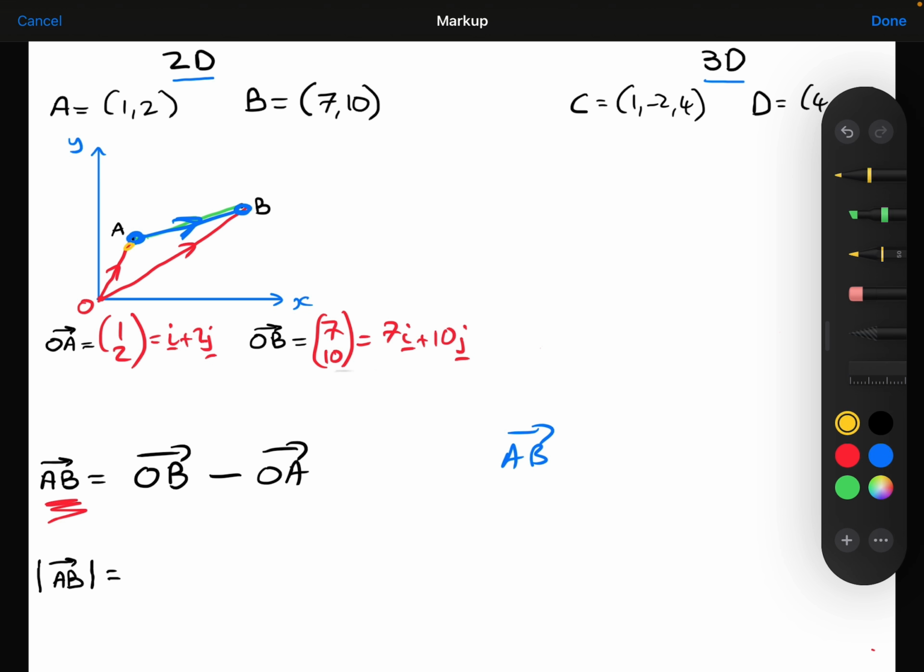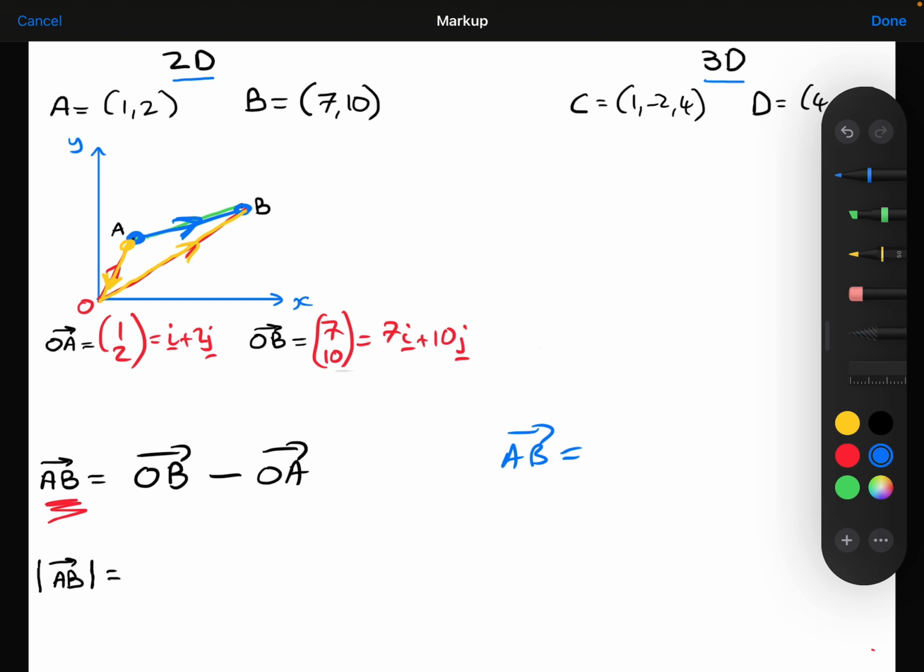I'm going to go from A to O, which, notice that's in the opposite direction to the vector OA, the position vector of A. And then I'm going to go from O to B. So I'm just taking a slightly different route to get from A to B.